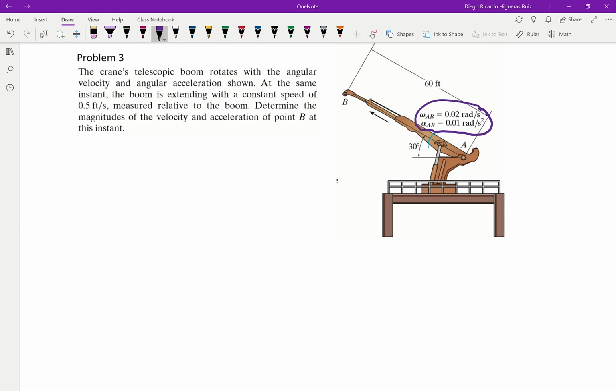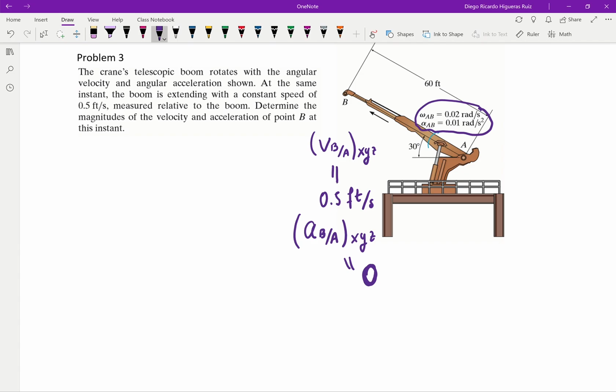So let's see, we're going to have that the velocity of B with respect to A, in the reference frame X, Y, Z, is equal to 0.5 feet per second, which means that the acceleration of B with respect to A in X, Y, Z is going to be equal to 0 because the velocity is constant.